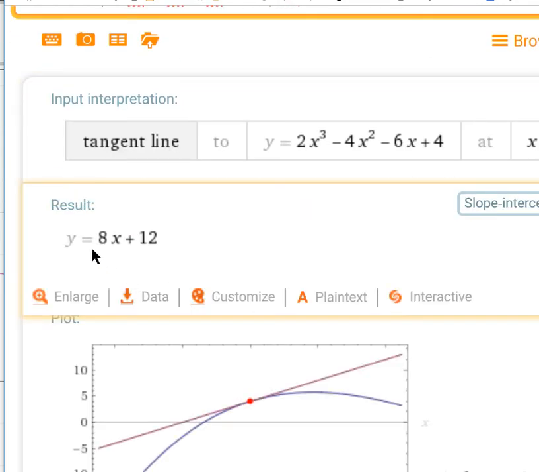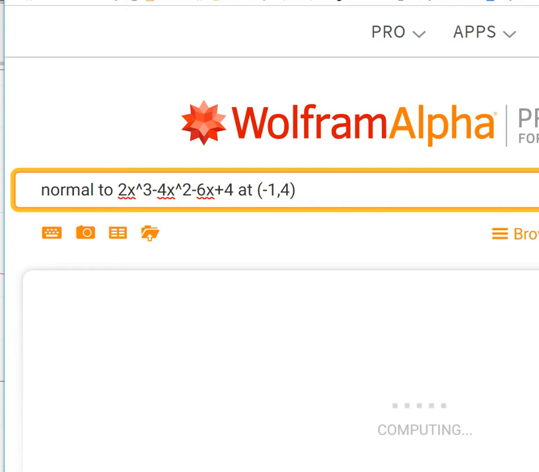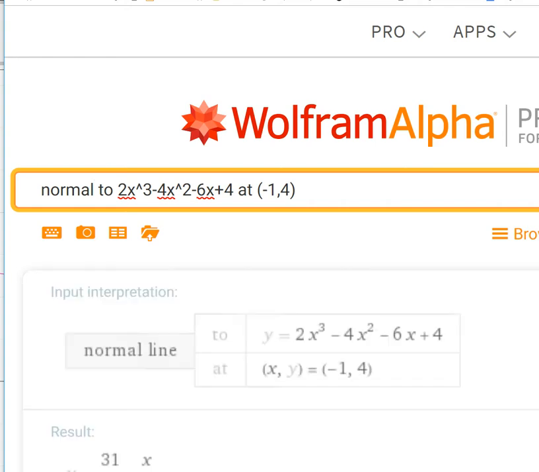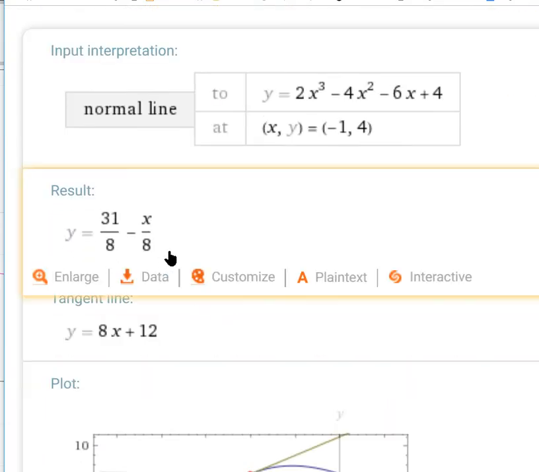And we get 8x plus 12, all right, which is what we had. And if we do the normal, I urge you, serious math students, to use Wolfram Alpha. It's a very versatile program. I love it. And now let's do the normal. Of course, you don't want to just calculate these things without understanding how to do them. You want to be able to do it on your own. But this is a way of checking that you didn't make a mistake. And here's the normal, okay?